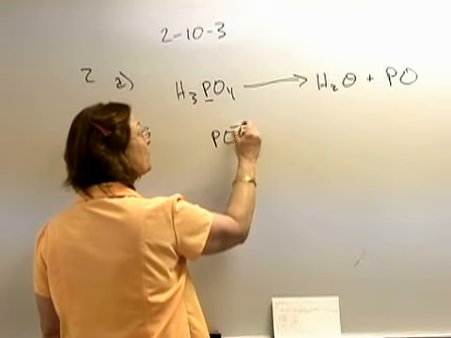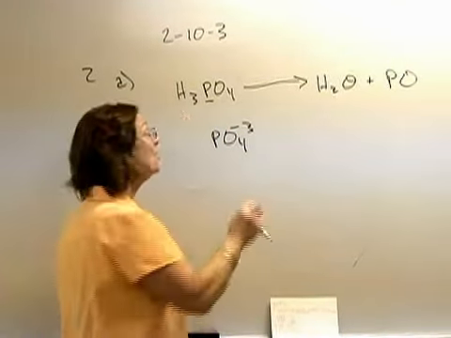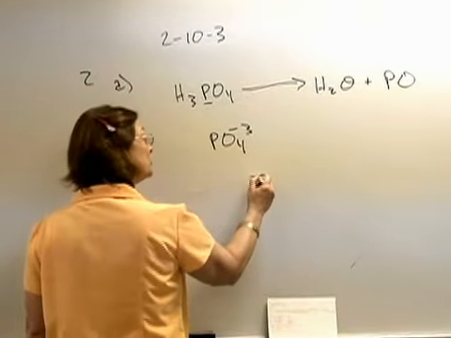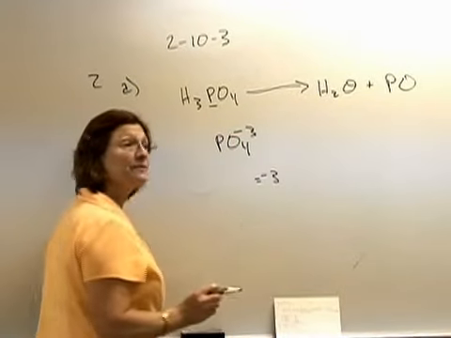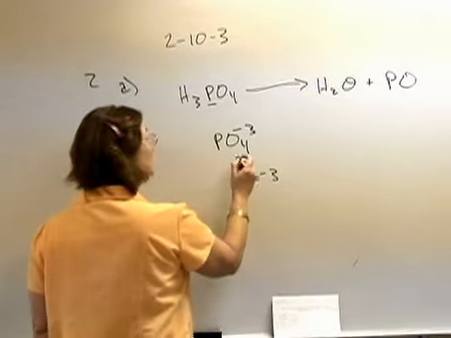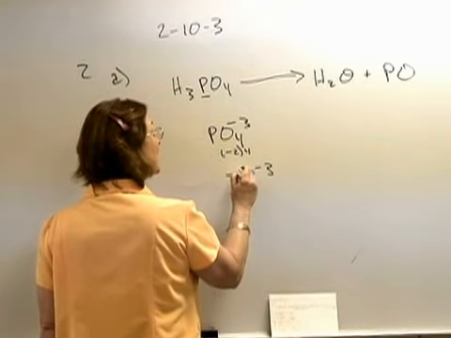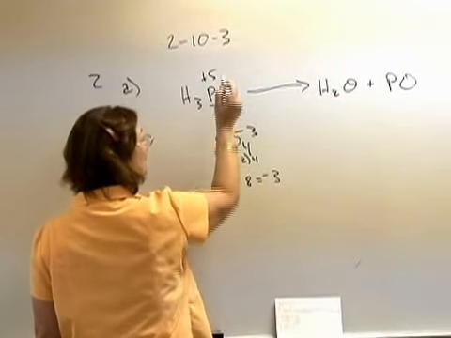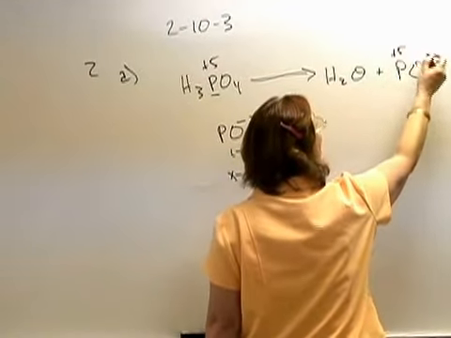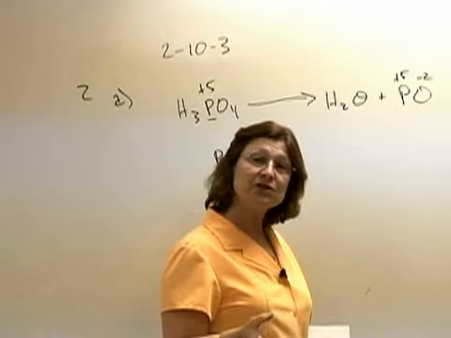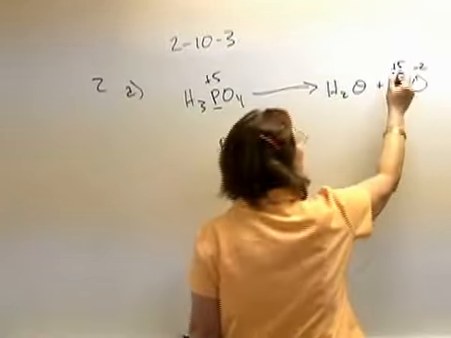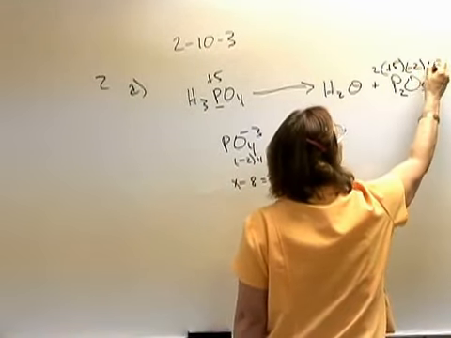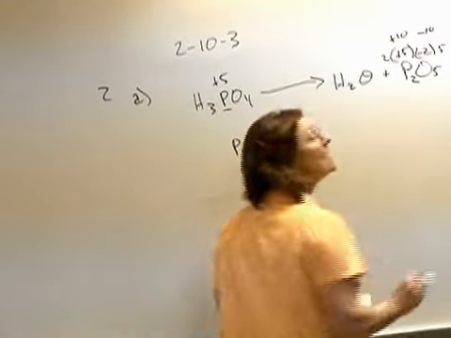Phosphate, the polyatomic ion, has a negative 3 charge, which is why we have 3 hydrogens, because compounds must be 0. I set the equation equal to negative 3, the overall charge of this polyatomic ion. Oxygen is negative 2 times 4 gives me negative 8, and therefore in this case phosphorus is plus 5. If it's plus 5 here, it must be plus 5 here. And oxygen, when it's in its periodic position, will be negative 2. Compounds must be 0. The common multiple is 10, P2O5, because plus 10 and minus 10 is equal to 0.